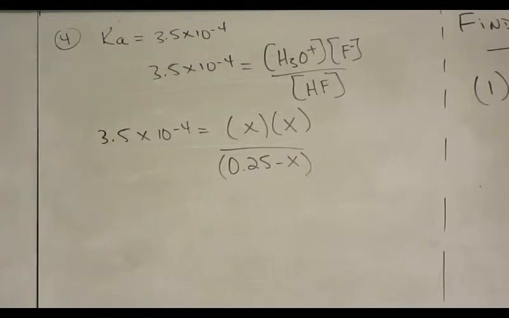And we sit now at the cusp of deciding, do we go the quadratic route or do we take a shot at the assumption? The -4 sits right on the barrier. -5 would be better. That's a fairly concentrated solution of 0.25 molar. So I'm going to say, try the assumption.